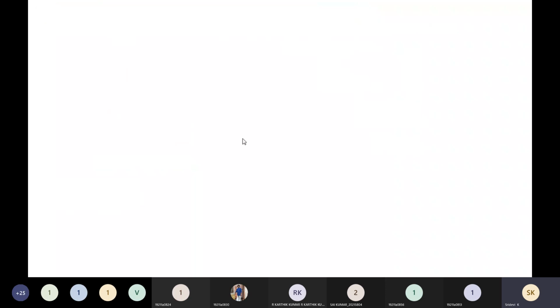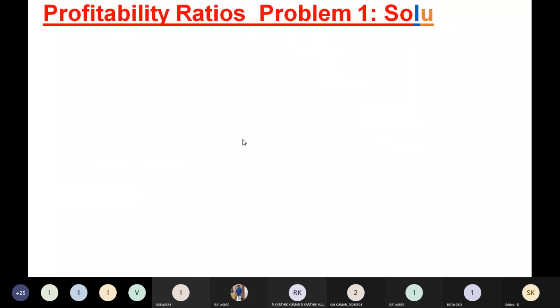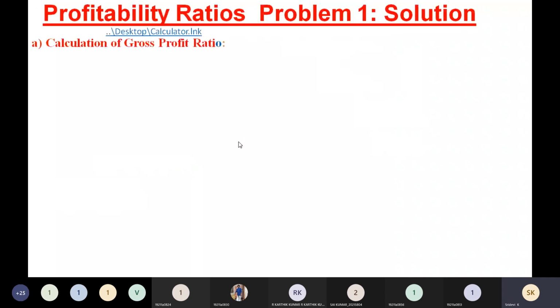First, let us calculate the gross profit ratio. Always you have to keep the headings. Gross profit ratio is equal to, the formula is gross profit divided by net sales into 100. You have to keep in mind, when you calculate the profitability ratios, you have to multiply by 100.